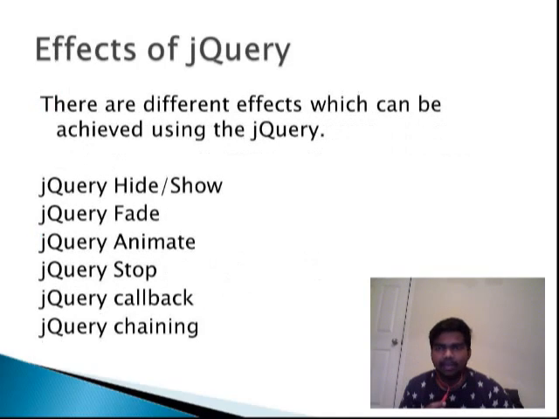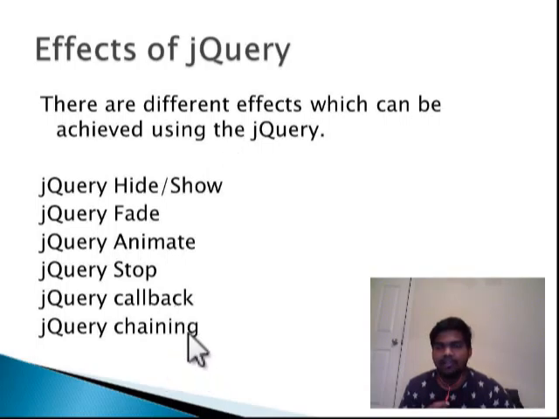Next up we have effects of jQuery. These are the basic things that we can perform with jQuery. There are a lot of things, but these are a few examples given here: jQuery hide/show, fade, animate, stop, callback, chaining.